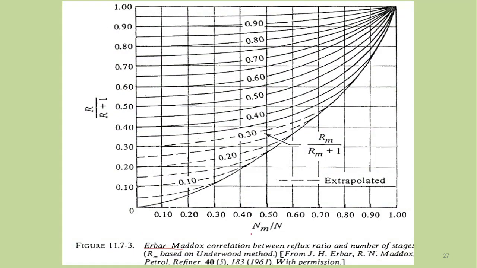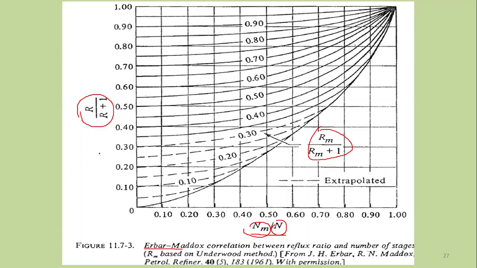See here, the x-axis is Nm upon N. Nm is known, and our target is to find N, which means finding the x-axis. Now the y-axis is R upon 1 plus R, and these graphs are for Rm upon 1 plus Rm. Rm was calculated just now, so Rm upon 1 plus Rm can be calculated.